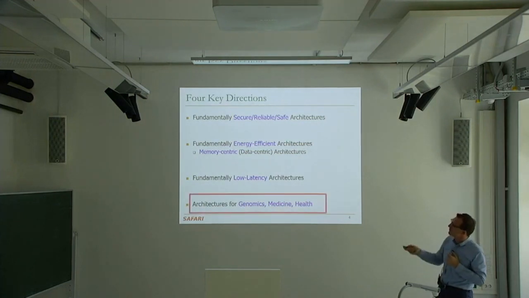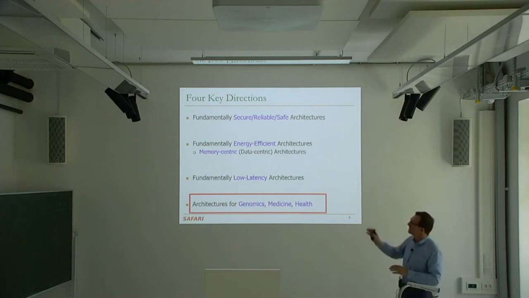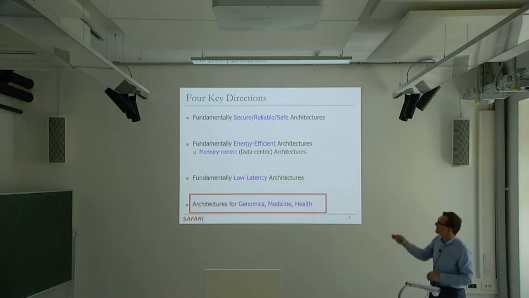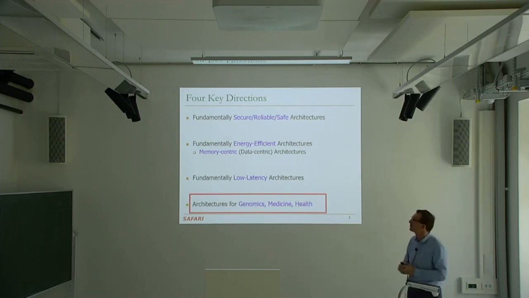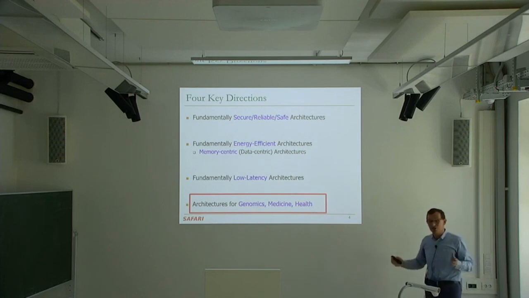But these are some of the four key directions that we're pursuing in my group right now. I say key directions because these things change, but these are four key directions that have remained constant for a while. We're looking at how to fundamentally architect the system such that they're more secure, reliable, and safe. How to fundamentally make systems much more energy efficient.